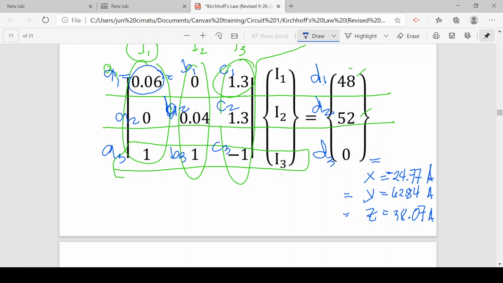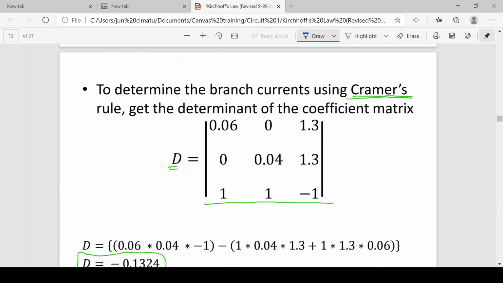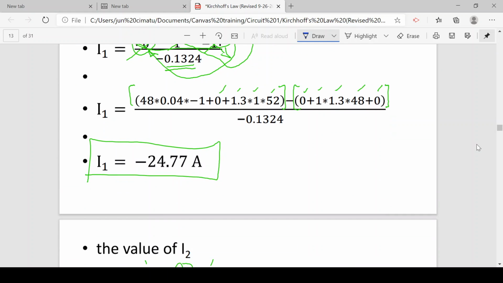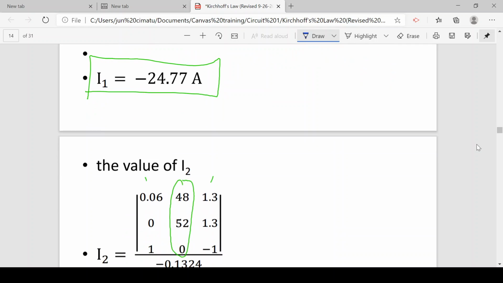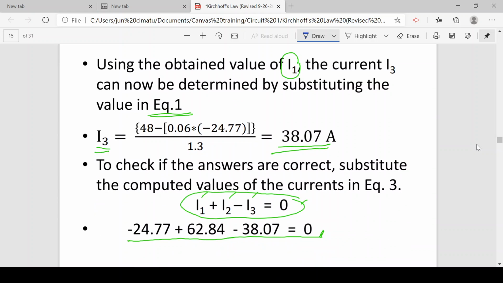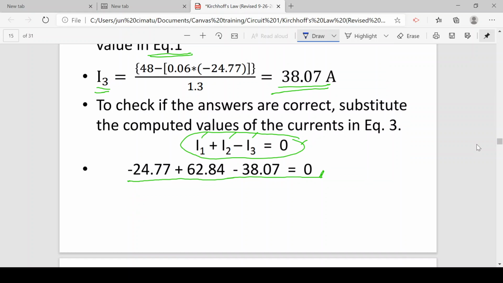You can just scroll up if you want to go back to the previous output of your calculator. So using the calculator, it will give you the values directly, and there is no need for manual calculation of the currents. My manual calculation of the currents is for the purpose of demonstration.